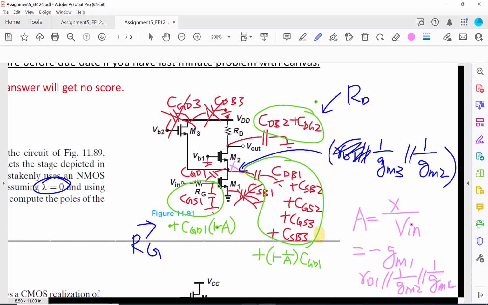And since I say there's no channel length modulation, so I ignore RO1, right? Oh, GM2, GM3. Okay. For this problem, let's assume GM1 equals GM2 equals GM3. Then what would that be?